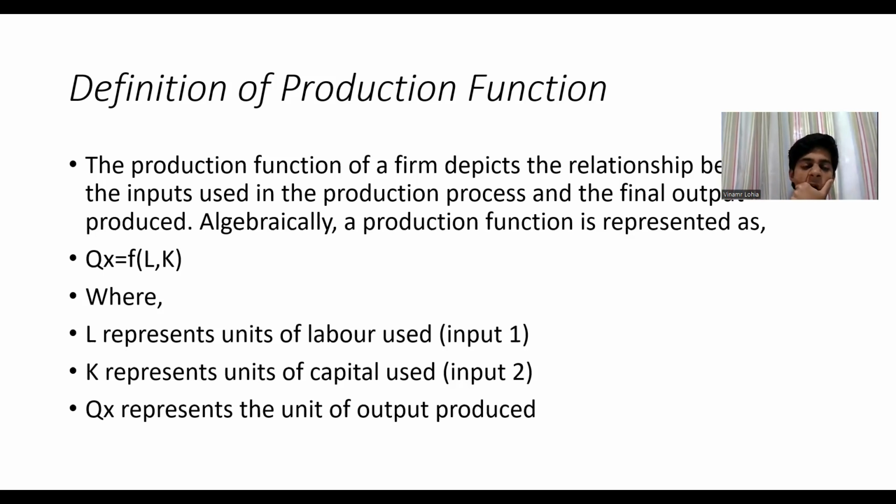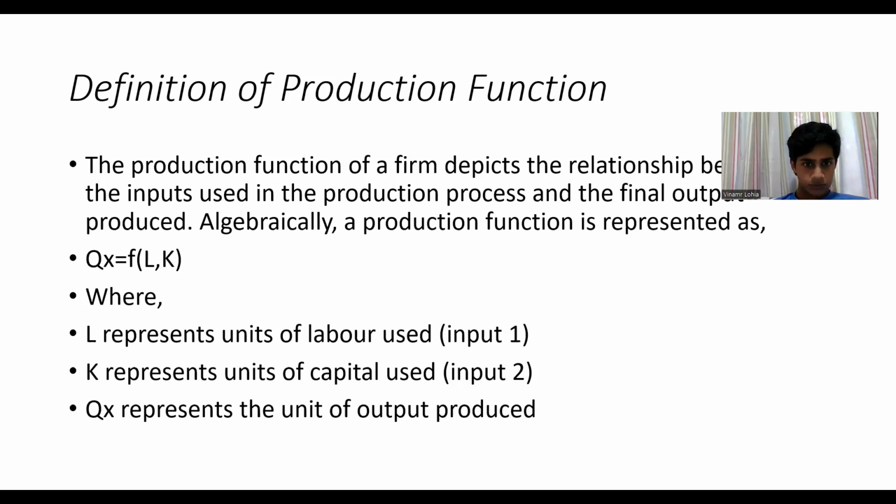So to produce any product, for example cotton clothes in a factory, they need land, labor, and capital for the final product.